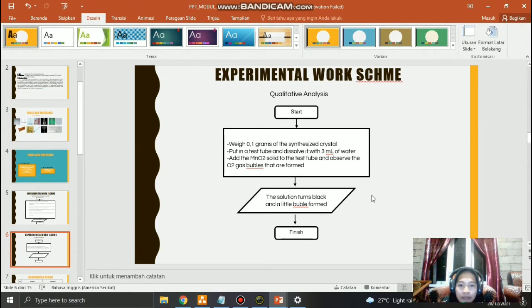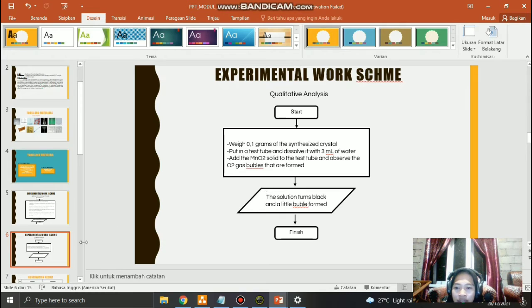First step, weigh 0.1 grams of the synthesis crystal, then put it in a test tube and dissolve it with 3 ml of water. Next, add the MnO2 solid to the test tube and observe the O2 gas bubbles that are formed. Next, the solution turns black and a little bubble is formed.